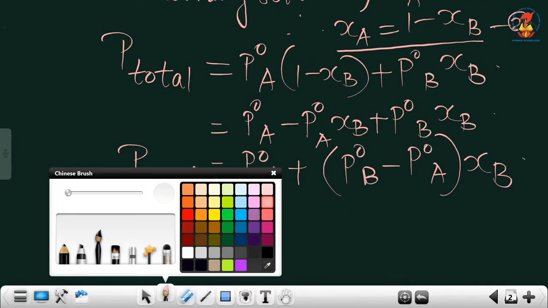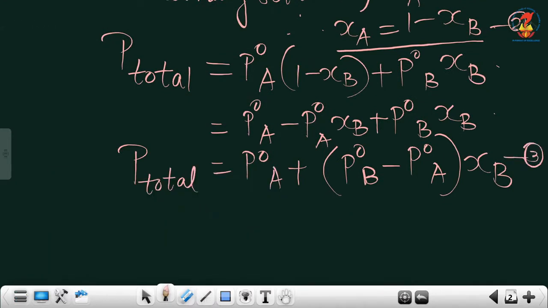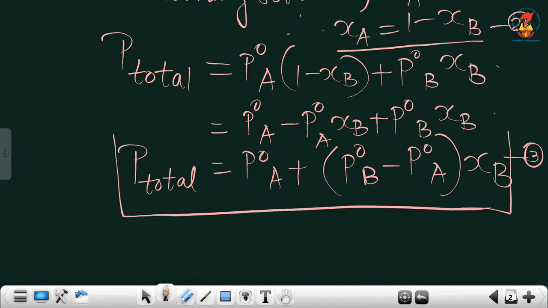Now I am going to give this equation number 3. So I get an equation like this for P total: P total is equal to P naught A plus P naught B minus P naught A into XB.